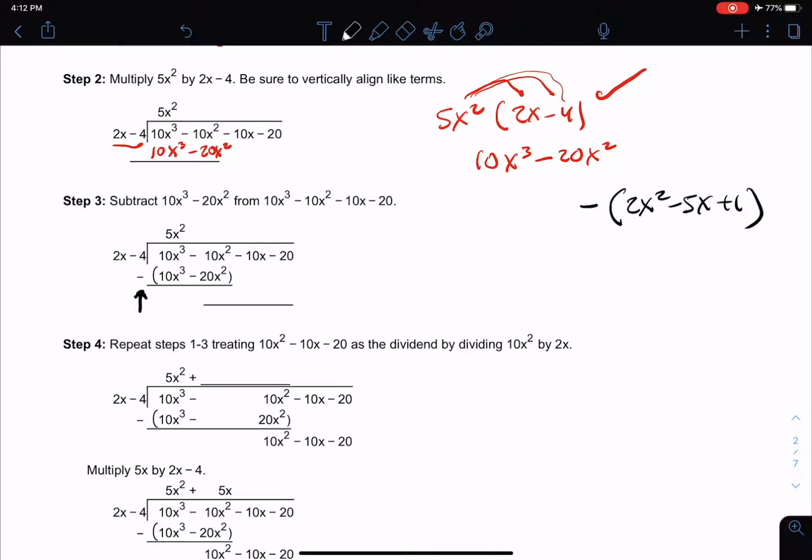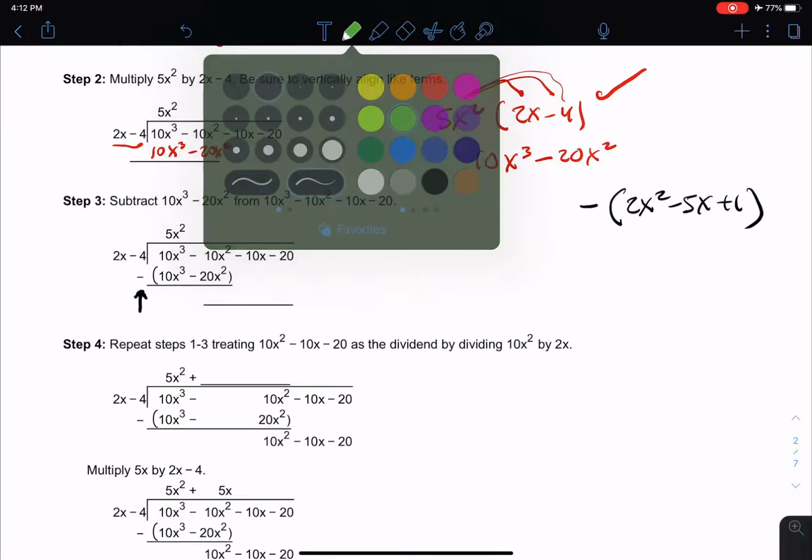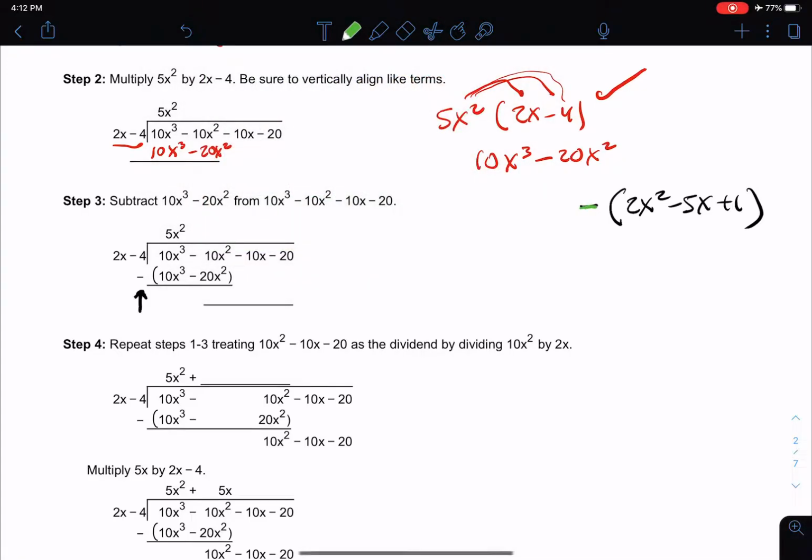I always recommend that you think of this and distribute it. And when you distribute a -1 or a negative, all it does is change the signs. Notice this sign was plus, now it's minus or negative. This sign was negative, now it's plus 5x. This number is positive, so now it's -1.